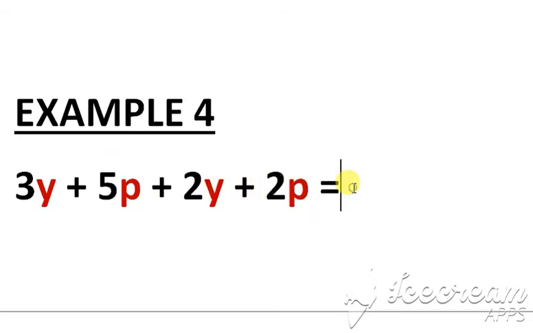So what we need to do is to add up the numbers that have the same variable, which is 3y plus 2y. So what is 3y plus 2y? 5y. Is that correct? Now we also have 5p plus 2p, which is equal to what? 7p. So here we have 5y plus 7p.